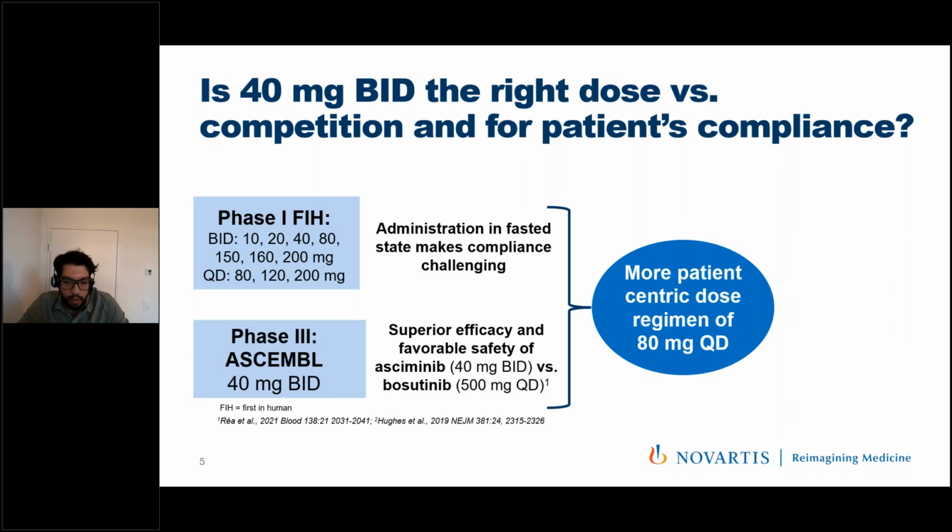So one of the main questions that we had to address before filing, at the late stage of the development, was whether the 400 milligram BID dose was actually the right dose, compared to the competition, but also for patients' compliance. As I mentioned before, food significantly reduces the exposure of the drug, which means that administration in fasted state, especially with a twice daily regimen, might complicate the administration and reduce compliance.